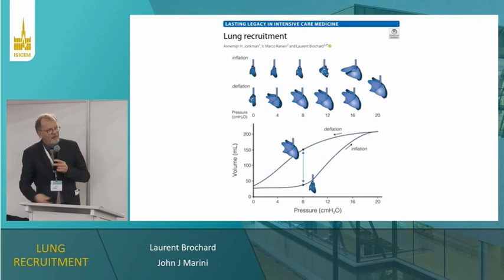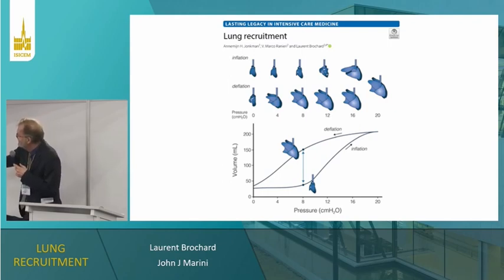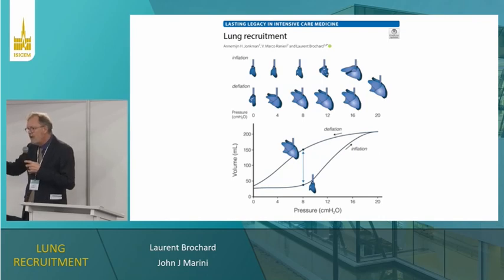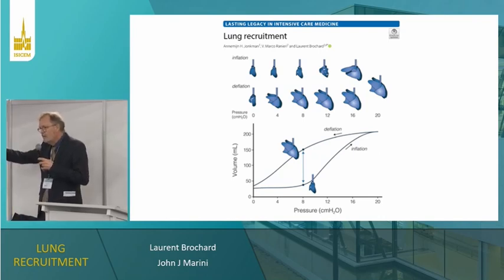This is great. You show on this one, I show on this one, okay? And you have at the same time, at the bottom, the pressure-volume relationship, you know? So you can directly look at the anatomy and the mechanics.